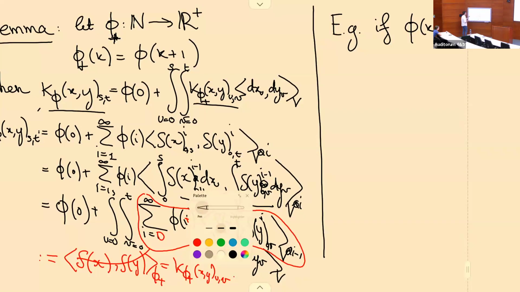Well, then if phi is a constant, phi plus is equal to phi. So this integral relation becomes a differential equation.